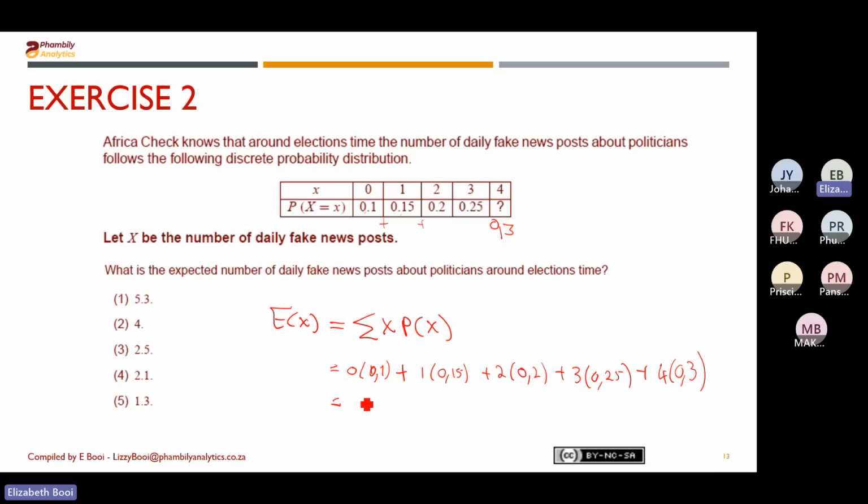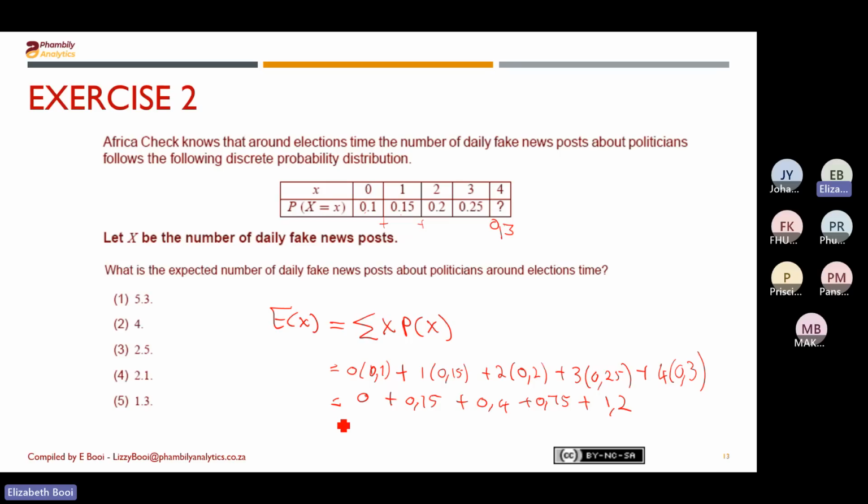Zero times 0.1 is 0. 1 times 0.15 is 0.15. 2 times 0.2 is 0.4. 3 times 0.25 is 0.75. And 4 times 0.3 is 1.2. Add them together.